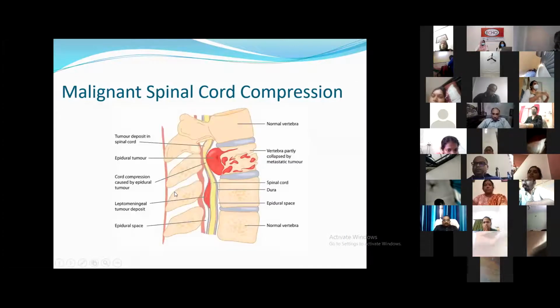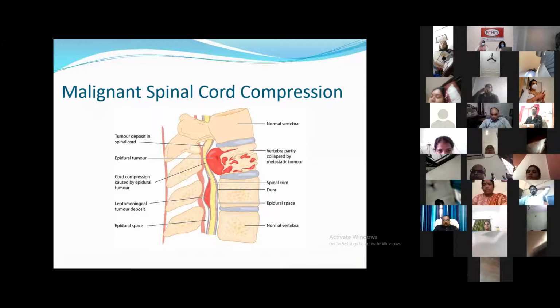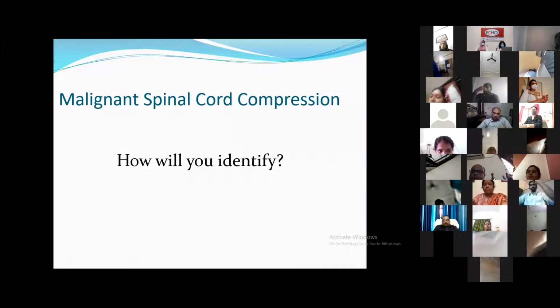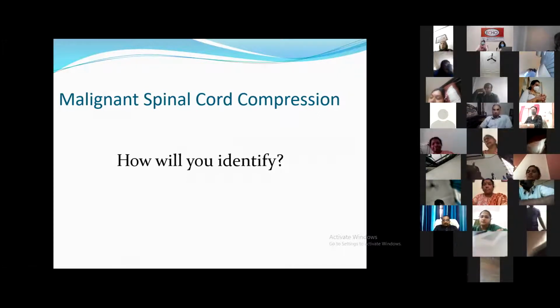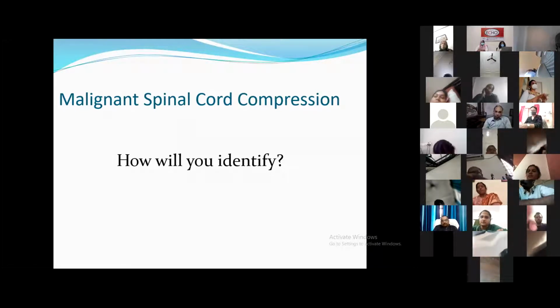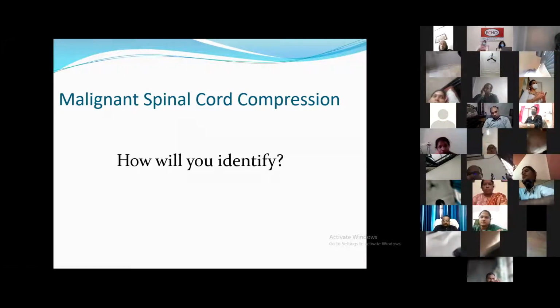Sorry for the interruption. So yes, the compression may be extradural or intradural depending upon the underlying disease. The important thing is how you will identify metastatic spinal cord compression. If some physician or nurse has ever experienced it, how does this metastatic spinal cord compression usually present?